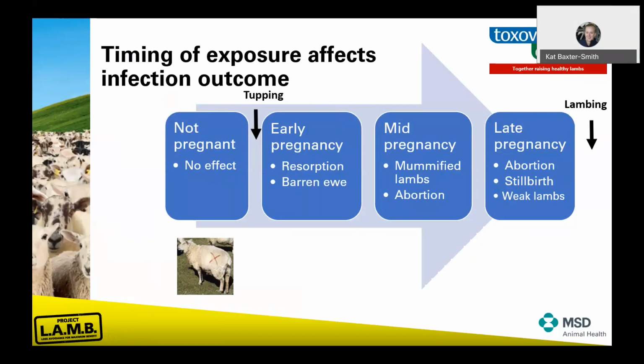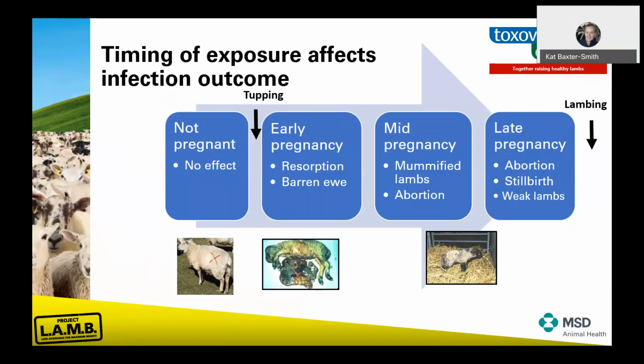But if they are infected during pregnancy, there could be various outcomes. So early pregnancy, you're most likely to see resorption and what is then called a barren ewe, although probably she isn't barren. She actually did get in lamb, but the fetus was resorbed and never known about.